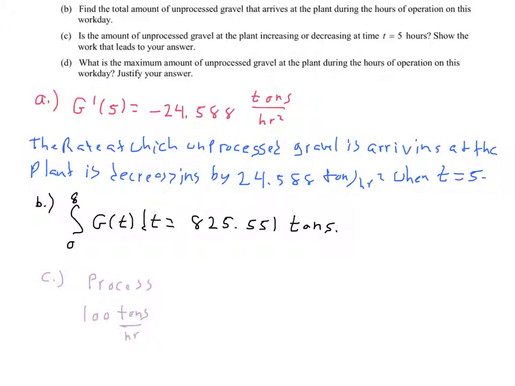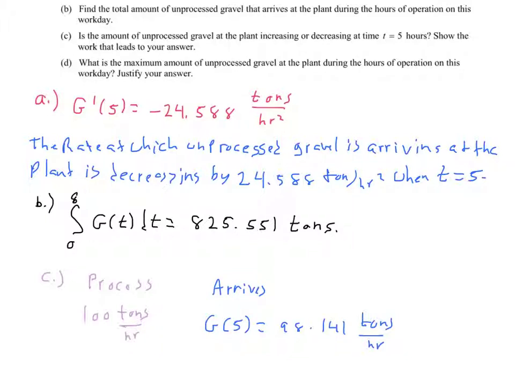And gravel arrives according to that function g. So here's how much arrives: 98.141 tons per hour. So we process gravel at a rate of 100 tons per hour, and it's arriving at a rate of 98.141 tons per hour.